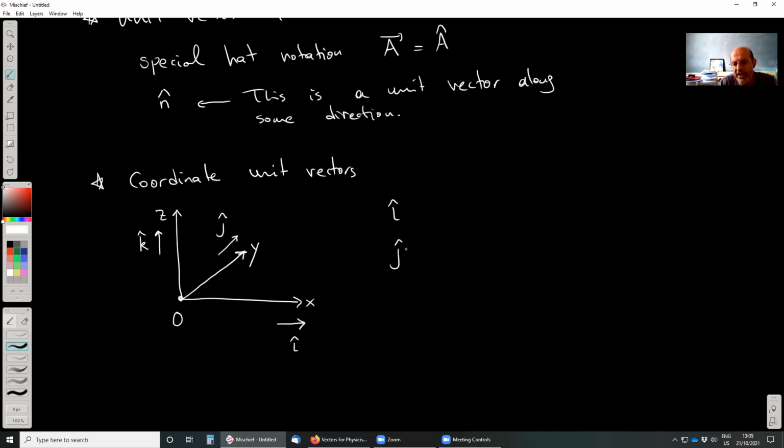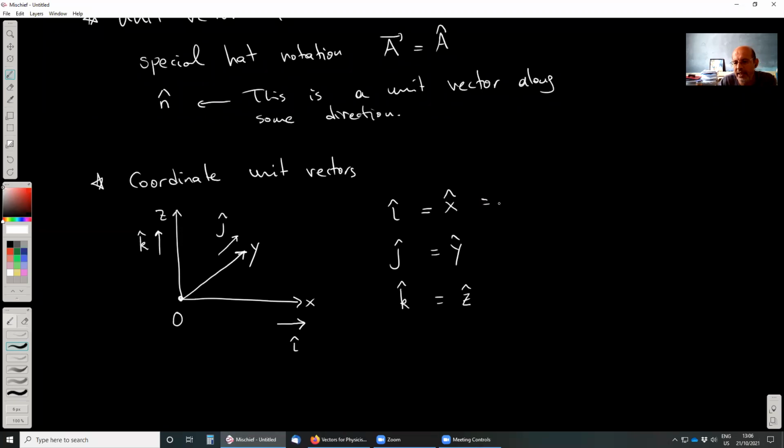When I'm writing, of course, I don't show the dots of i and j. That's the convention, so some people can get confused by this. A lot of people actually use the x hat, y hat, and z hat notation. You can also use this one, no problem with this. Everybody will understand these.